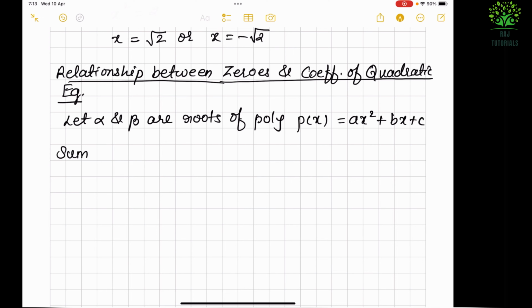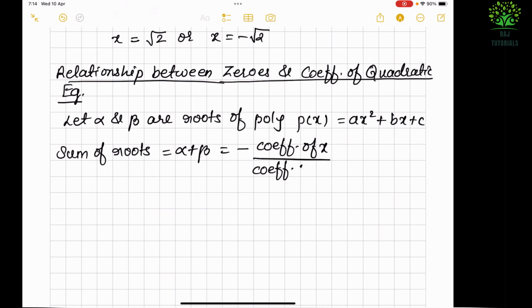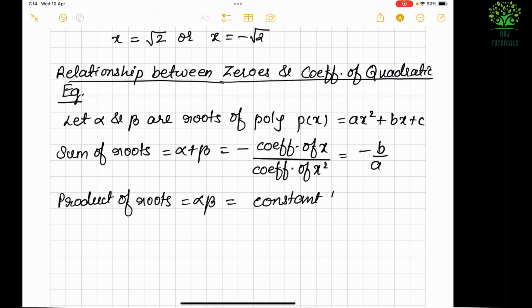So the sum of roots, that is alpha plus beta, will always be equal to minus the coefficient of x upon the coefficient of x square, that is minus b by a, and the product of roots, alpha beta, will be equal to the constant term upon the coefficient of x square. So that is c by a.